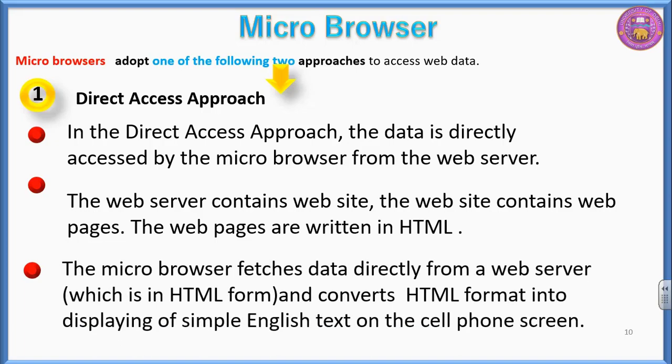The micro browser fetches data directly from a web server which is in HTML form and the micro browser converts HTML format into displaying of simple English text on the cell phone screen. That is why we call this approach direct access, because the browser gets the pages from the web server and converts the HTML written pages into plain English language and shows it to the concerned user.